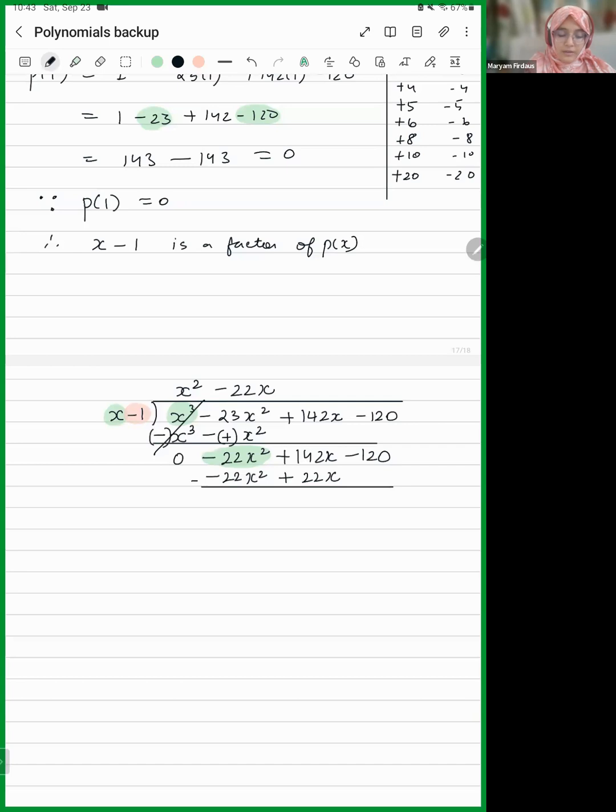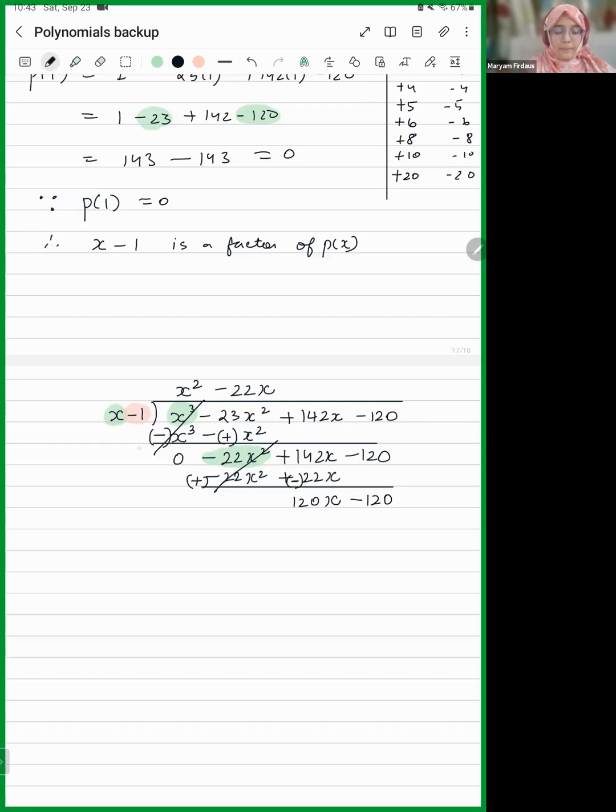Now we change the sign: plus becomes minus, minus becomes plus. 142 minus 22 becomes 120x. Then we write this as it is.